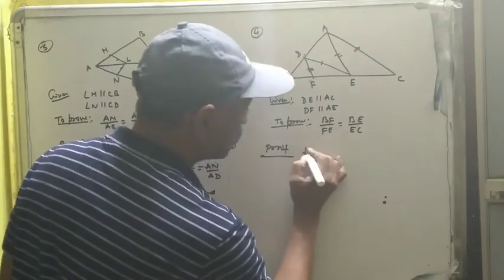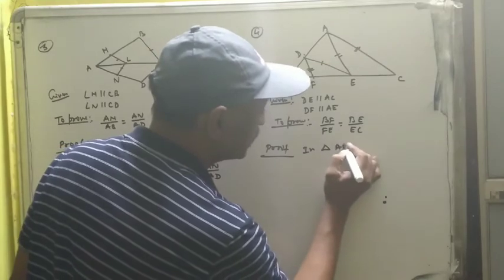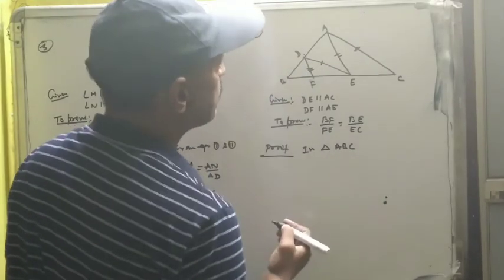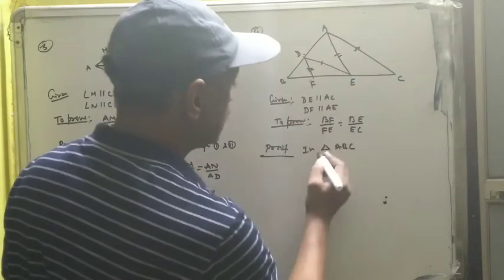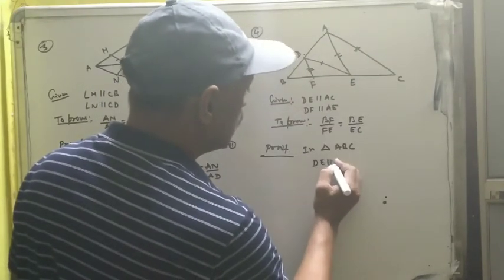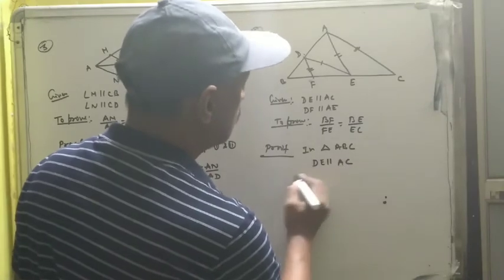So just write, in triangle ABC, the parallel sides are DE parallel to AC.